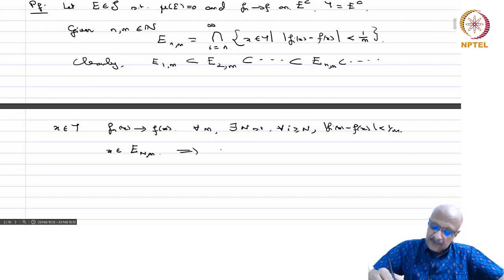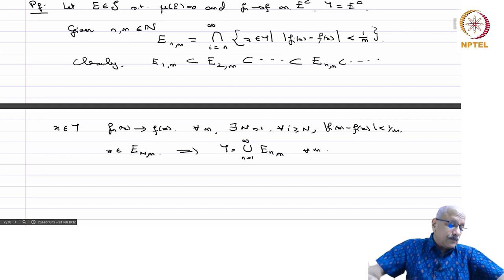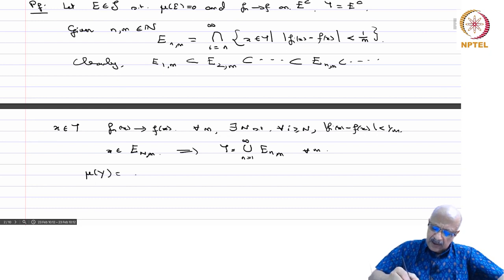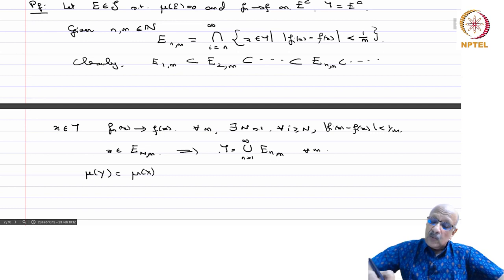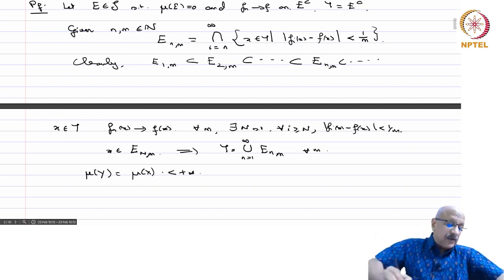So this implies that Y equals the union n equals 1 to infinity of E_{n,m} for every m. So mu of Y is the same as mu of X, because X is Y union E, and E has measure 0, so mu of Y equals mu of X, and this is less than plus infinity.